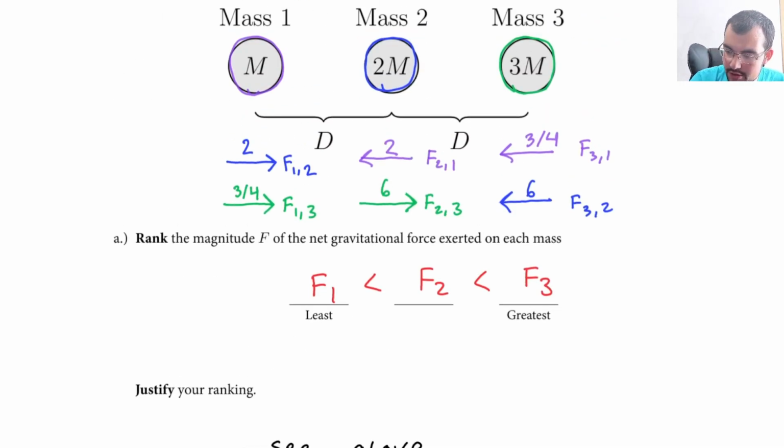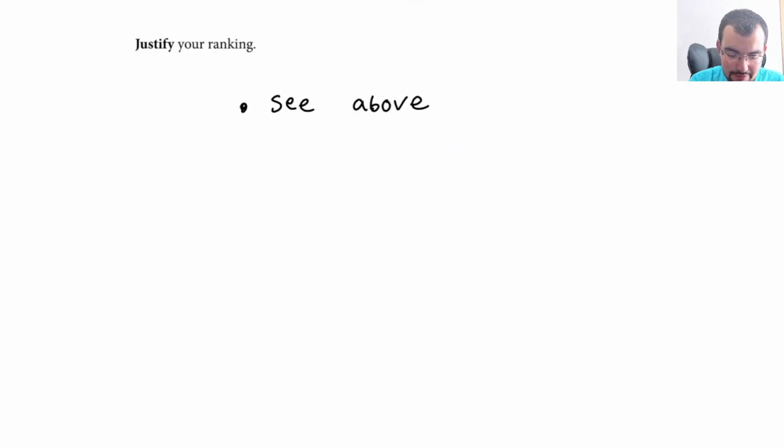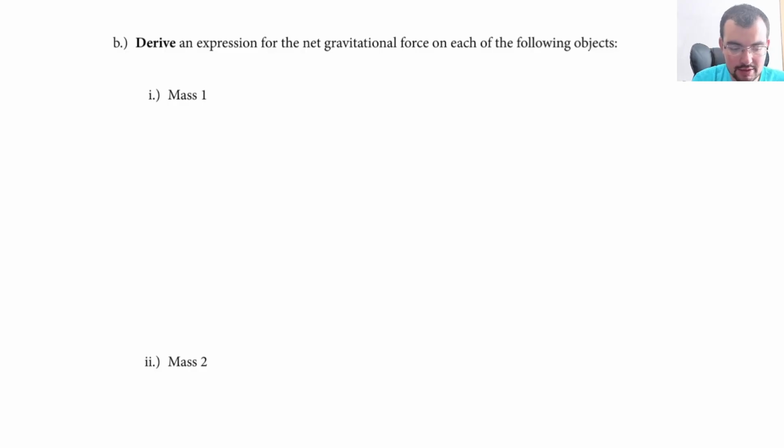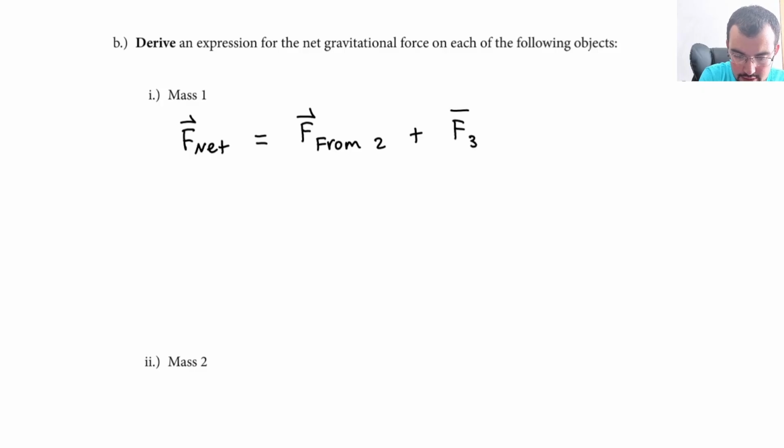And now we'll see all these numbers actually pop out when we find the net force on each of the objects. So we know that the net force on mass 1 is just going to be the net force from 2 and 3 combined as vectors. So it is GMm over r squared.